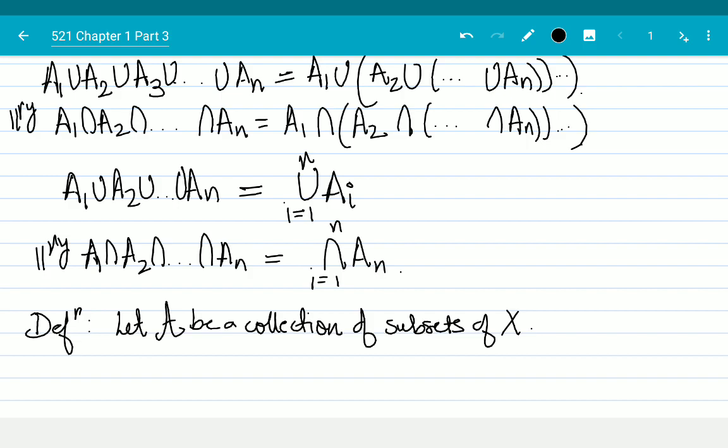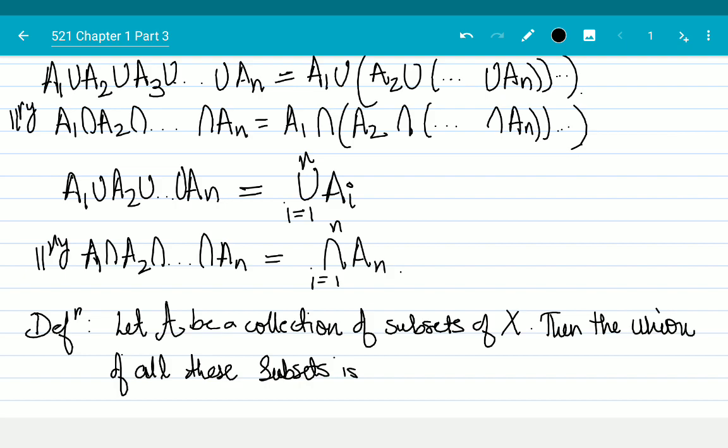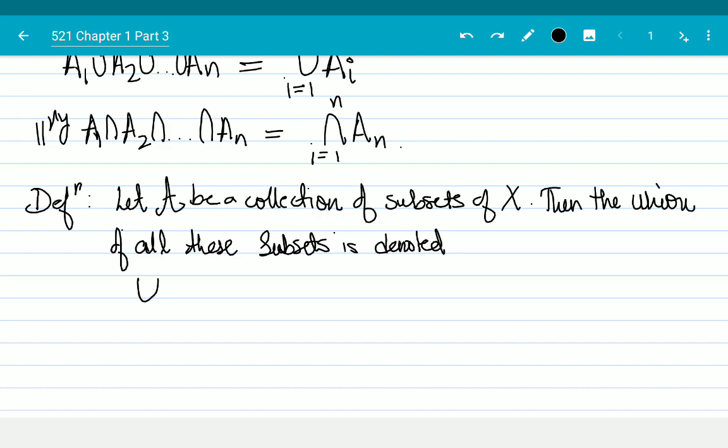Then the union of all these subsets is denoted union A in A of A. Okay, so I'm not going to label these by AI or AN.